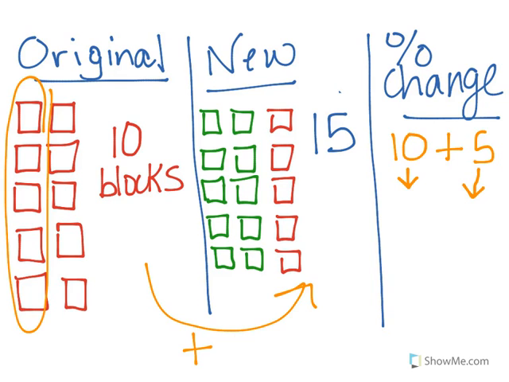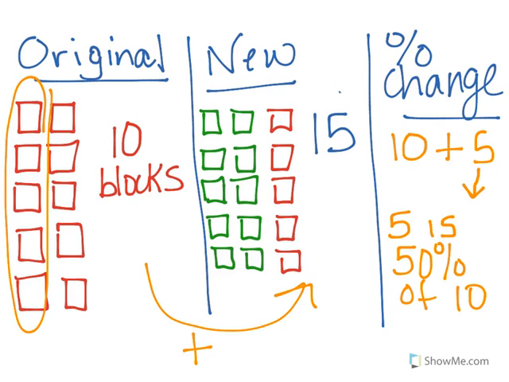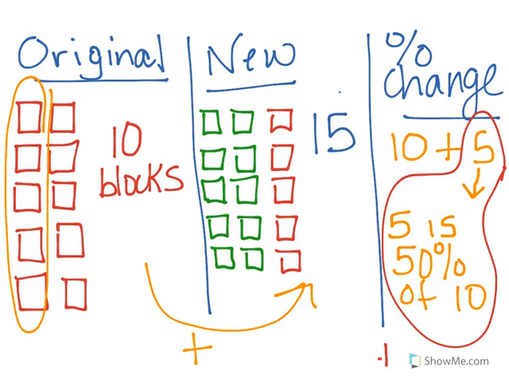And I know that 5 is 50% of 10. So this increase of 5 blocks right here, 5 extra blocks from my original 10, is 50%. So this percent change is a plus 50%. So if something increases by 50%, that means it's increasing by half of the original amount, which is quite a lot.